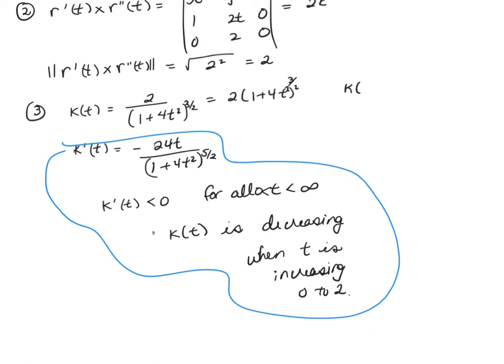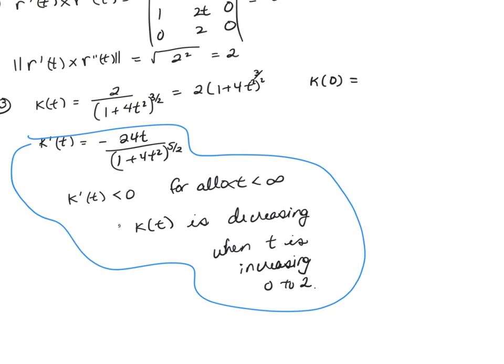So I'm going to do k of 0, which is going to give me just 2. And then I'm going to do k of 1, just so we can see whether or not this truly is decreasing. I'm going to get 2 over, and I put 1 in there, so I have the square root of 5 cubed, so 5 root 5. So it looks like it is decreasing.